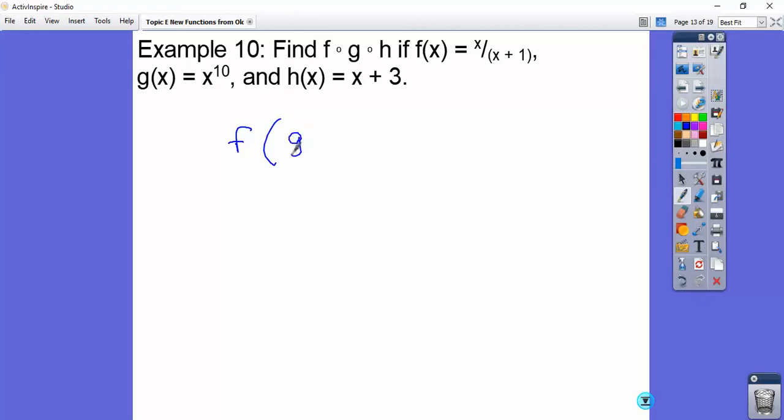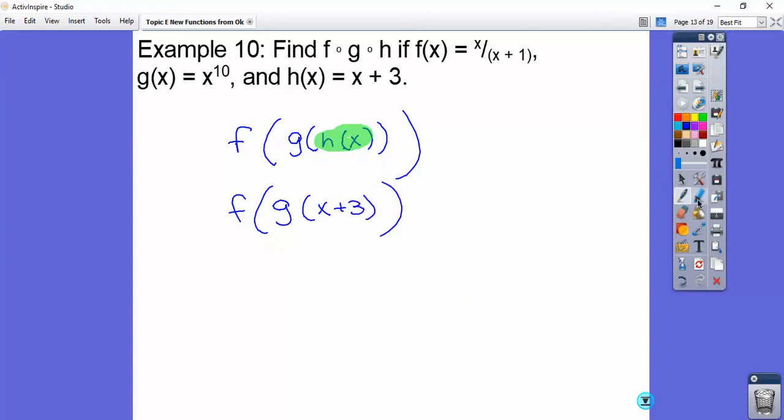This is f of g of h. Okay, so starting on the inside. Very inside is h of x, so that is the first thing. H of x is x plus 3.